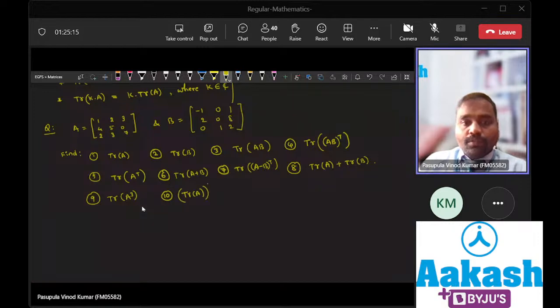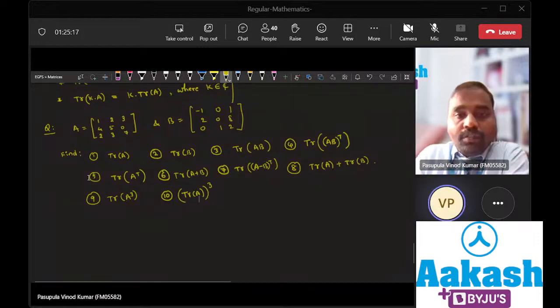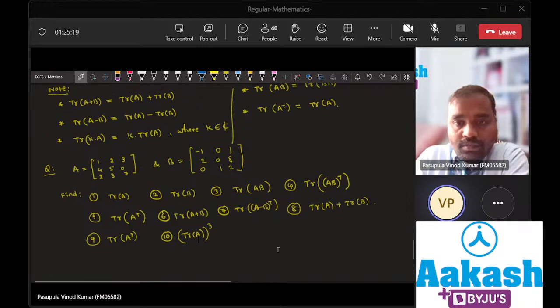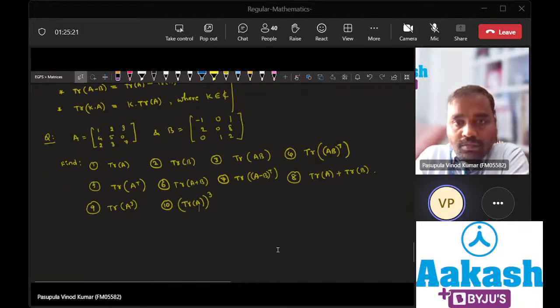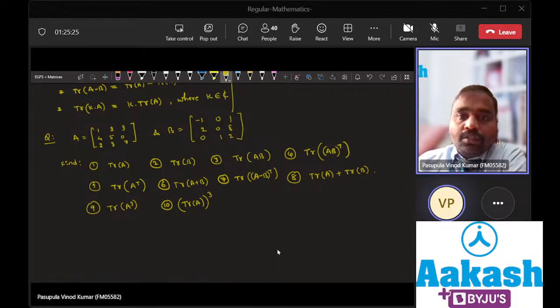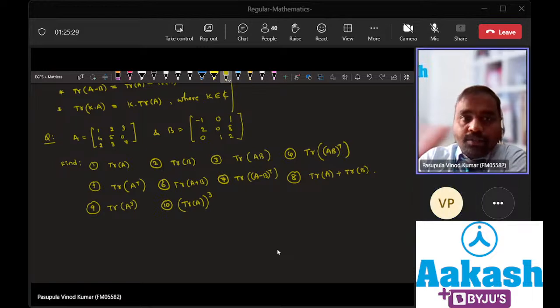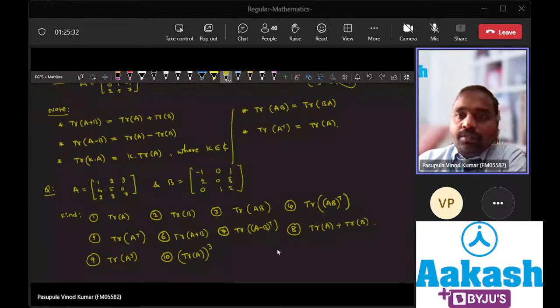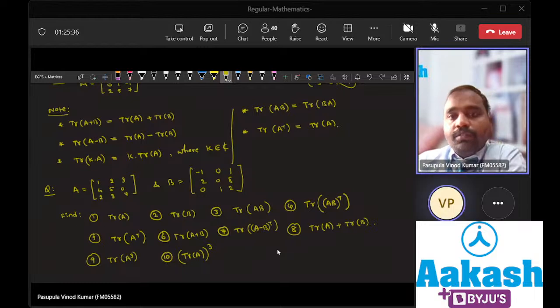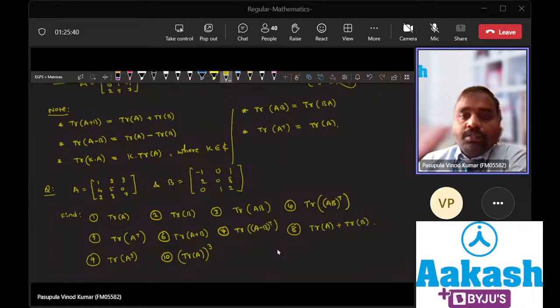Excuse me, sir. So can we write trace of AB as trace of A into trace of B? No, trace of AB is equal to trace of BA only. You cannot apply any other formula over AB. You have to do the multiplication of these two, then find the sum of the diagonal elements.